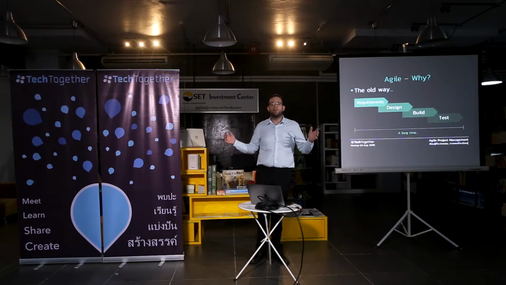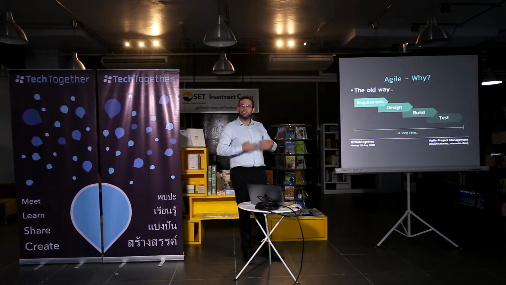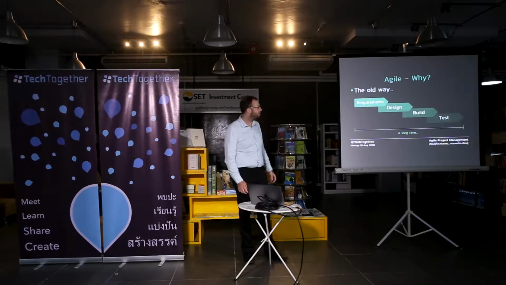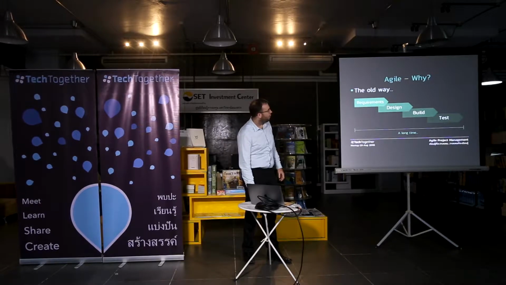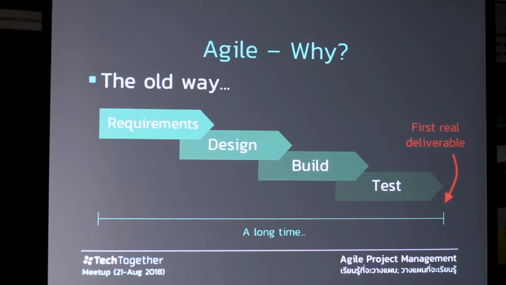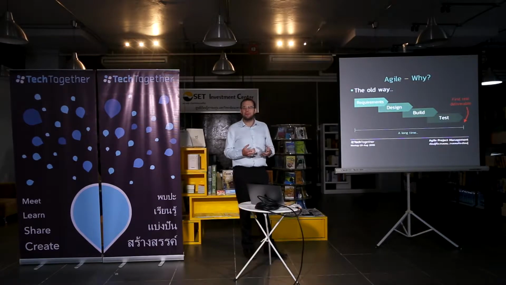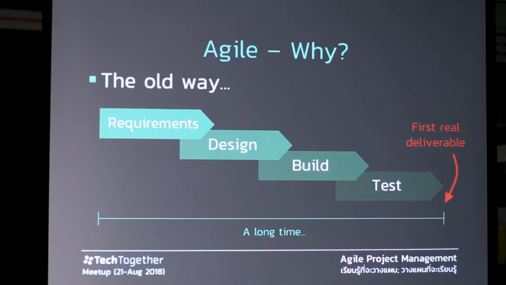This happens over a long period of time. This is the main problem that brought about Agile. Well, not just the length of time, but the fact that you don't really get a deliverable until the very end of the project. This is quite a controversial thing to say. I'm sure people who've worked in waterfall projects before will look at this and say, well, no, you have interaction throughout, you have deliverables throughout.